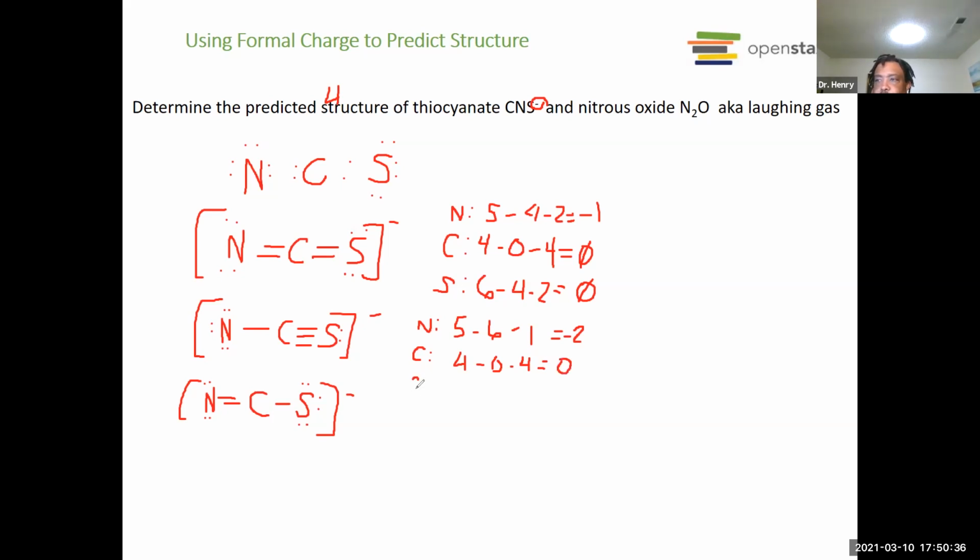And sulfur is going to be, sorry, just had a momentary brain fart, -3. So then that is +1. Oops, this is bad.